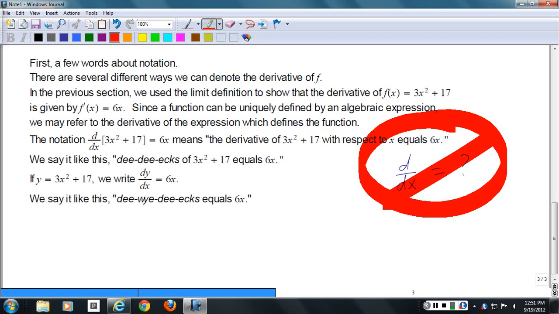It's like saying the square root equals, or the square root of, and you're just waiting for the object of the preposition.